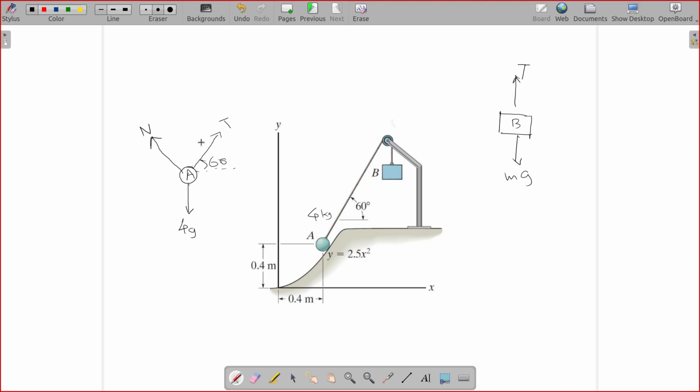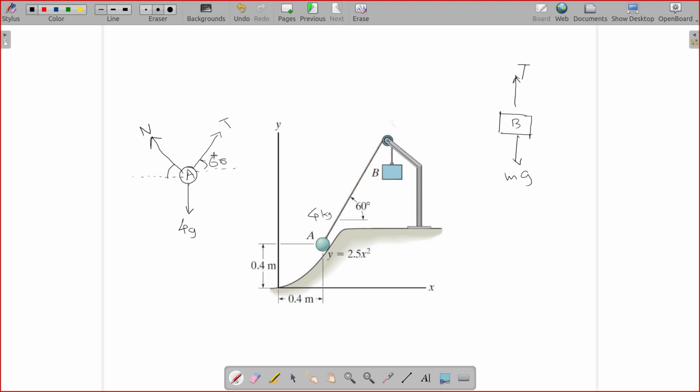There are only 2 unknowns. What about this angle? This angle can actually be calculated very easily. I'll tell you that. So once you have this angle, you have 2 equations and 2 unknowns.